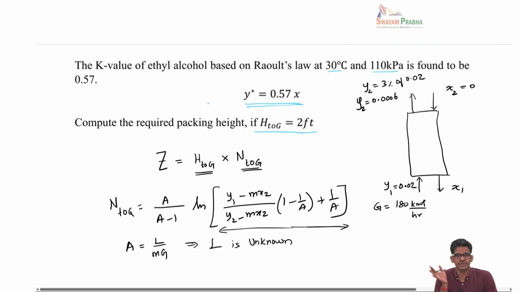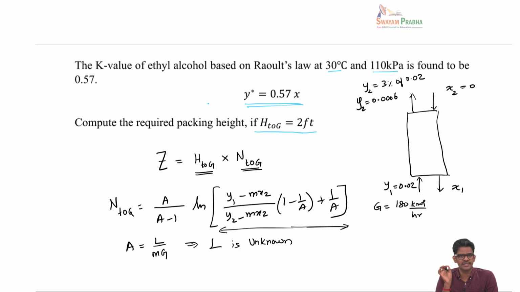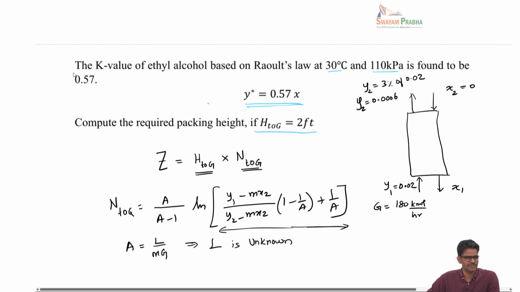Y1 we know, Y2 we know, m we know, X2 also we know. So the only thing that we don't know is A, because we don't know the liquid flow rate. And this is one of the ill-posed problems, right? L is not known. So the height of the column that you will calculate will depend on what L you are going to choose. So how do we go about from here?